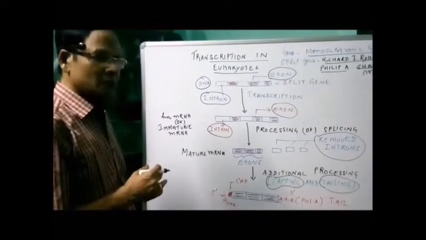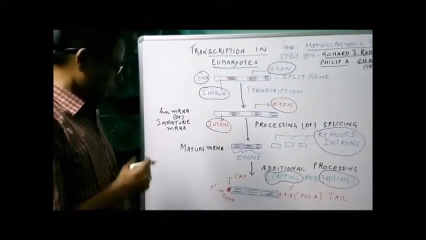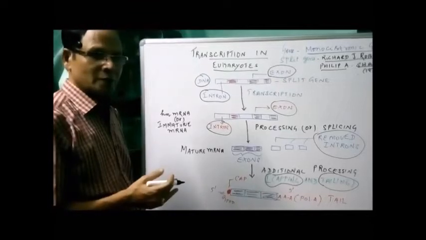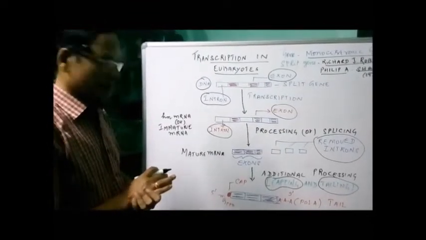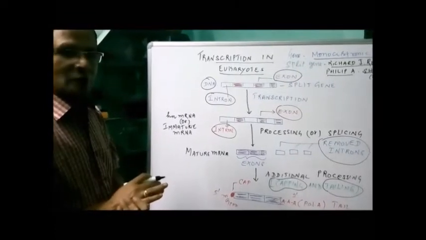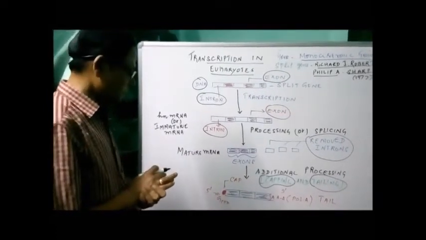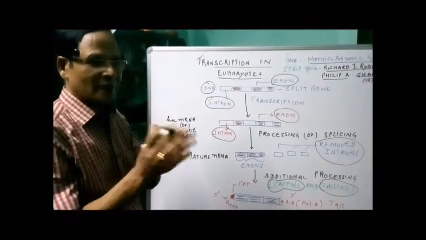Actually it's called guanosine 7-methyl triphosphate. It is added at the anterior end. This process of adding guanosine methyl triphosphate is called the capping process. It acts like a cap.